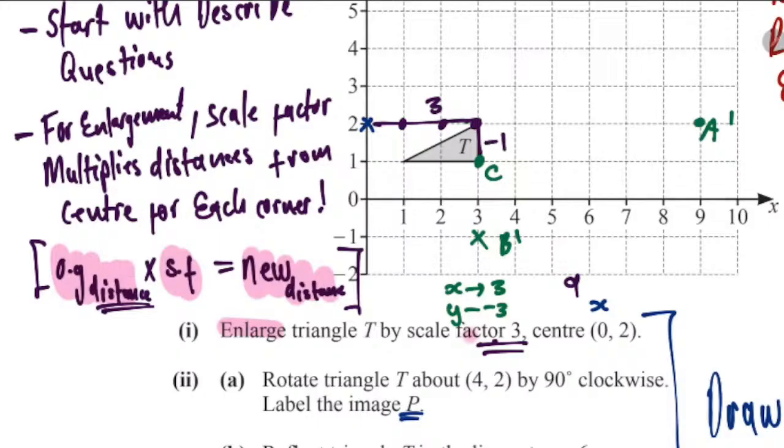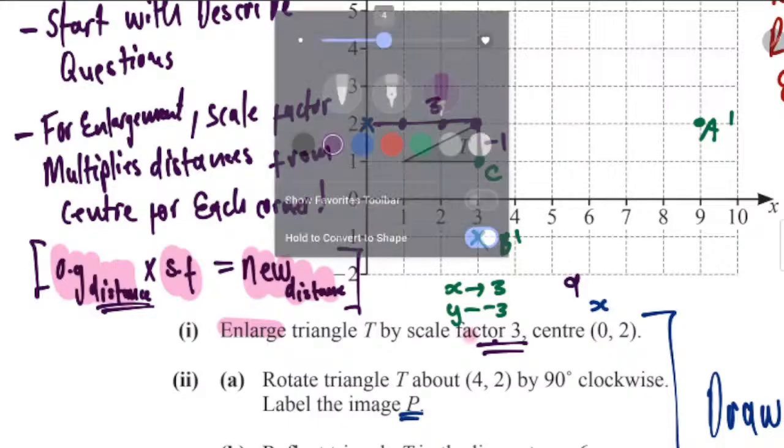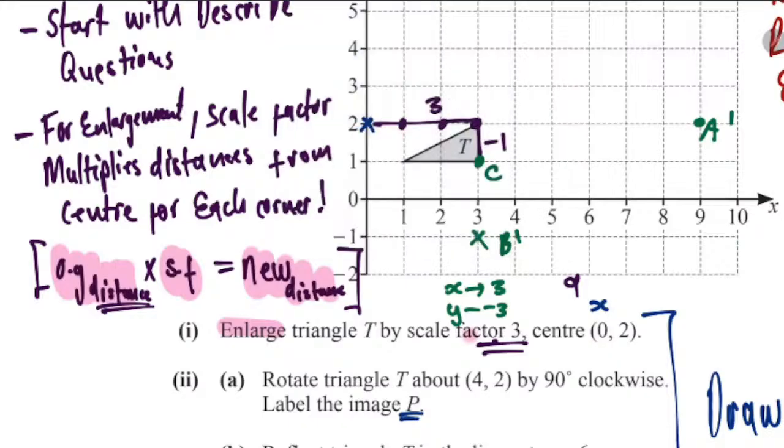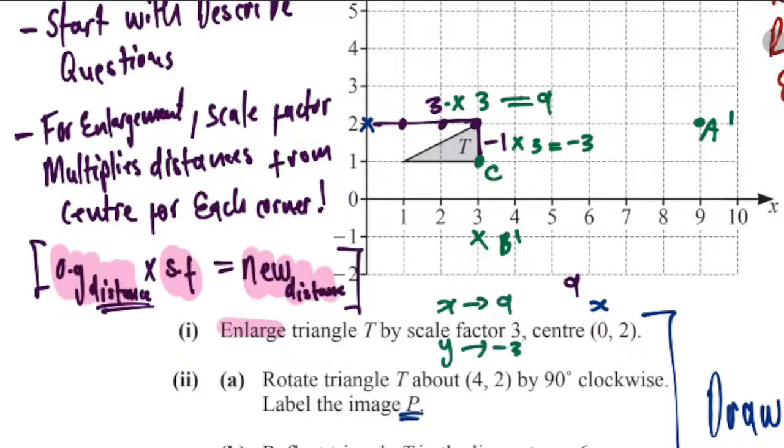Let's take those distances and multiply them by the scale factor. What is the scale factor? It's 3. So both distances, we multiply them by 3. Here we say times 3, and here we say times 3. What's 3 times 3? It's going to be 9. Then what is minus 1 times 3? It's negative 3. So that means in the x it is going to be 9, and in the y it's going to be negative 3. Let's do that.